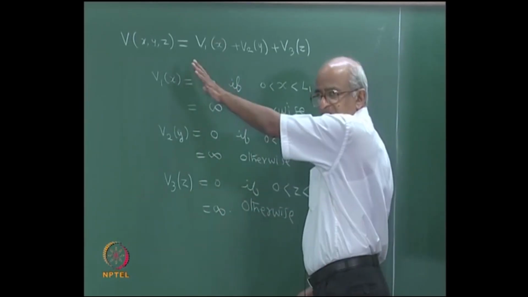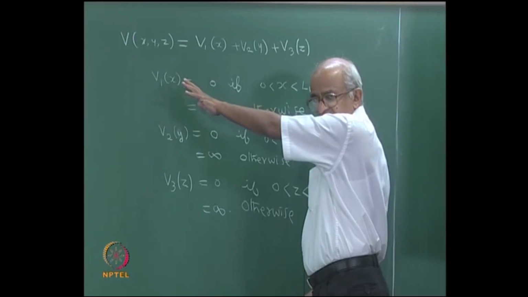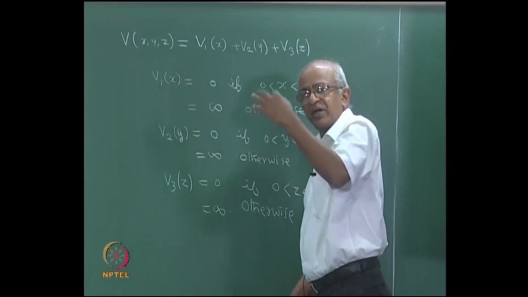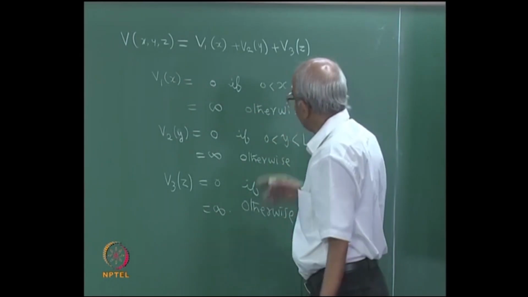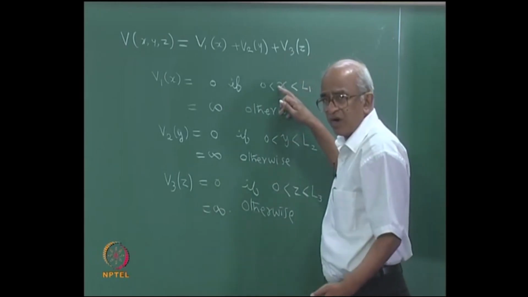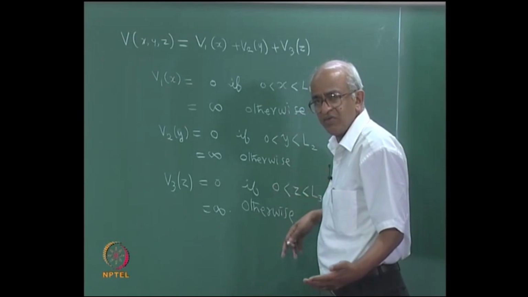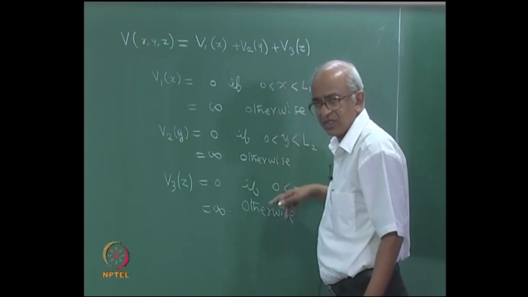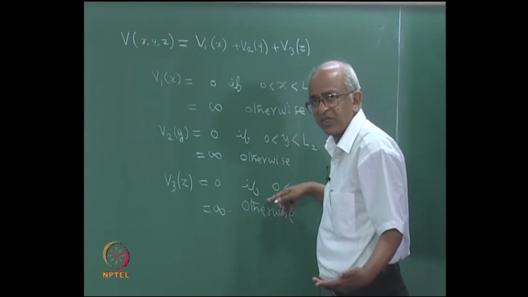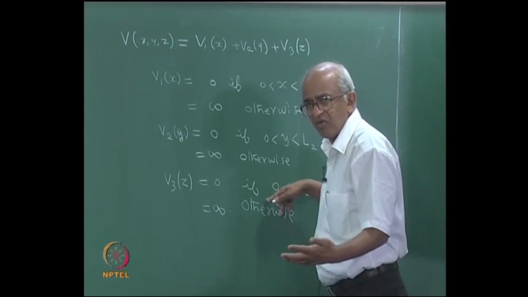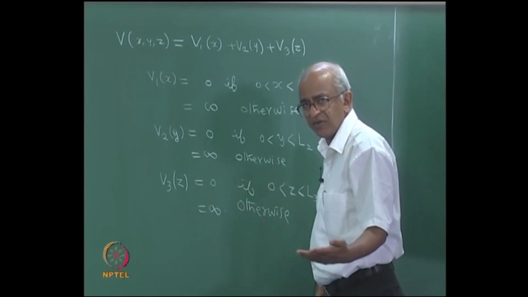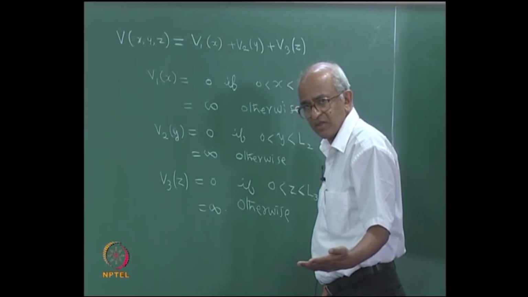So, the potential will be actually 0, correct. But suppose the particle is outside the box, then at least one of these variables x, y or z will not satisfy this condition, and then the corresponding V will be infinity, right.